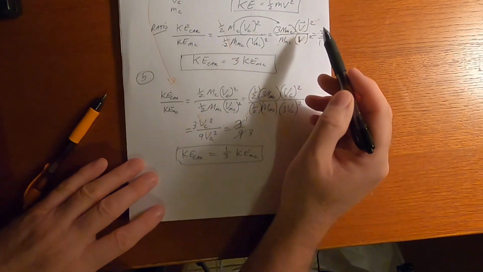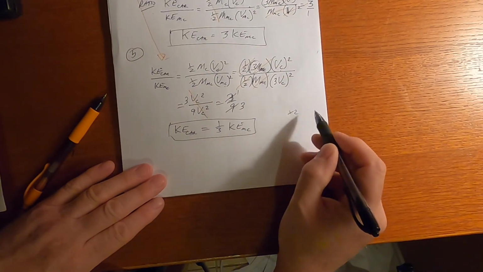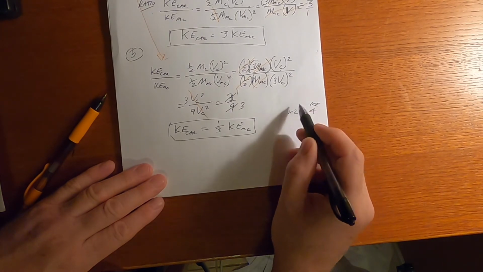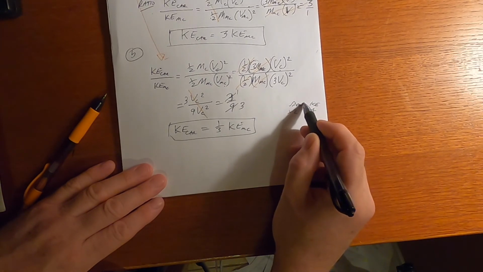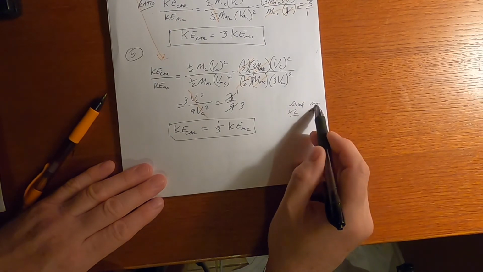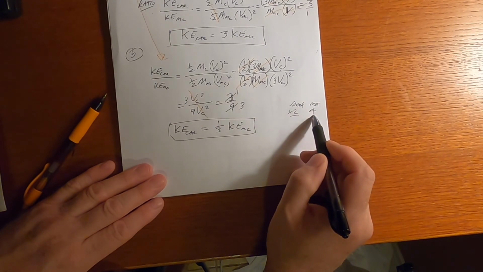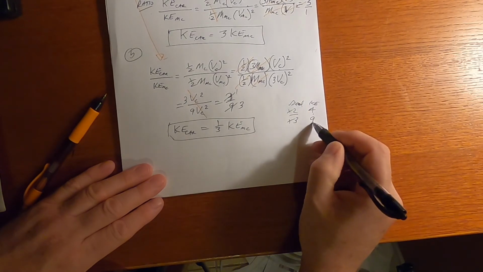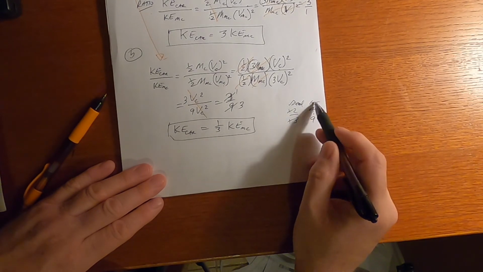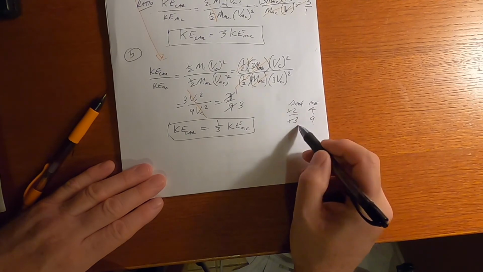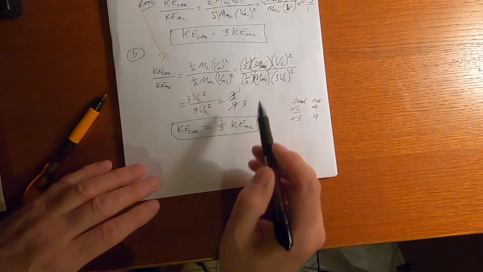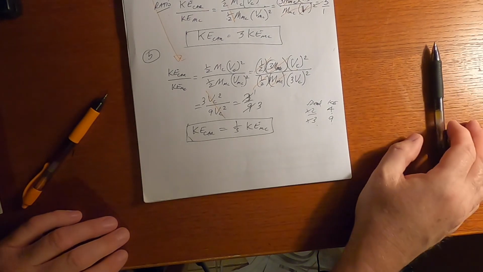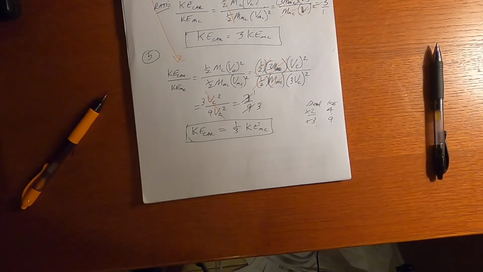So for instance, if you double the speed, the kinetic energy increases by a factor of 4. If you triple it, then you have a factor of 9. It's the square of the speed. So that's where this is coming from, and your kinetic energy goes up pretty fast. So that's that problem. Thank you.